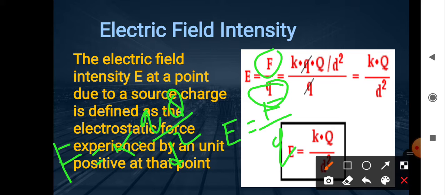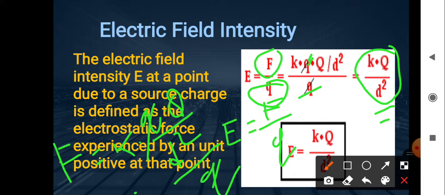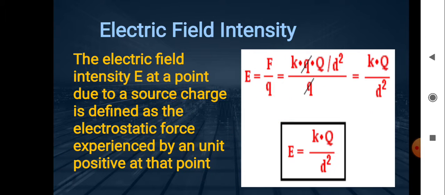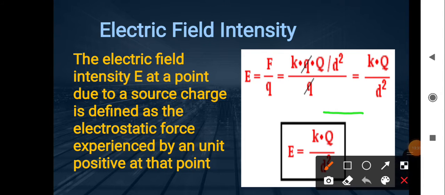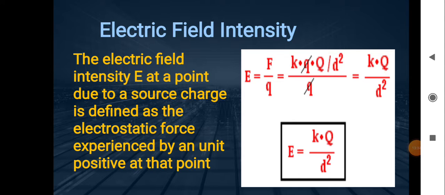If divided again by q, then this q and this q get cancelled, so remaining is electric field E equal to K, the proportionality constant, into Q, the source charge, divided by d square, the square of the distance between the source charge and test charge.